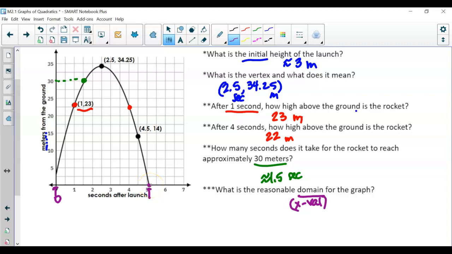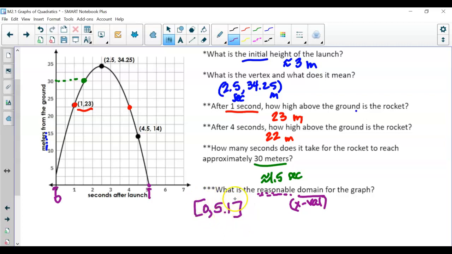So the domain, or reasonable domain, and we'll talk about this more when we get to other graphs. What is the reasonable domain for this graph? Well, that is from 0 to 5.1, because the graph covers all of those x values between those two. So from 0 to 5.1.